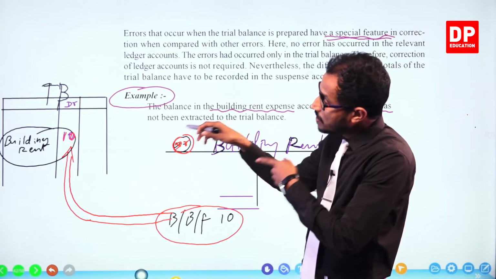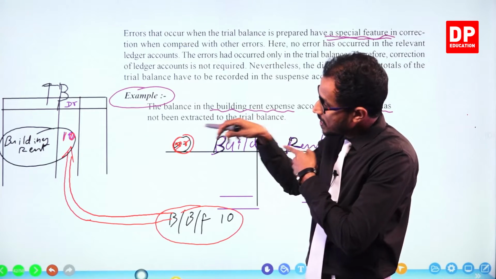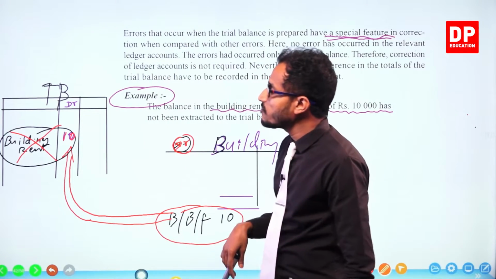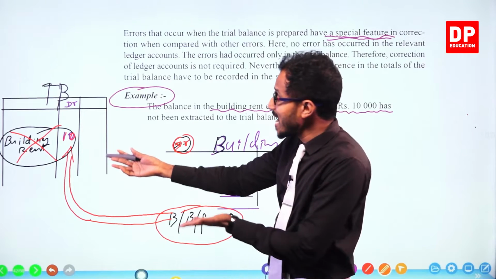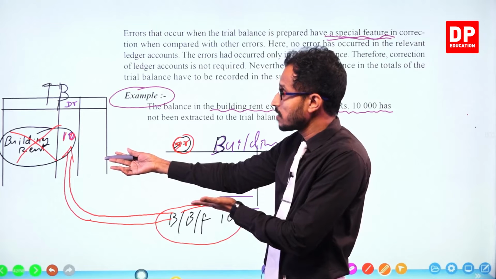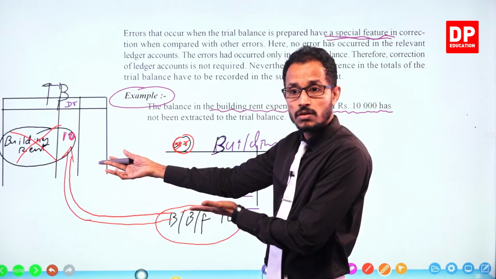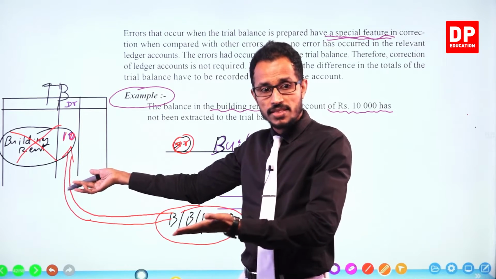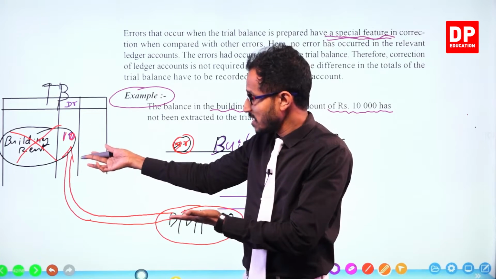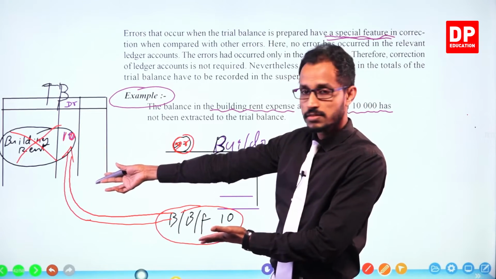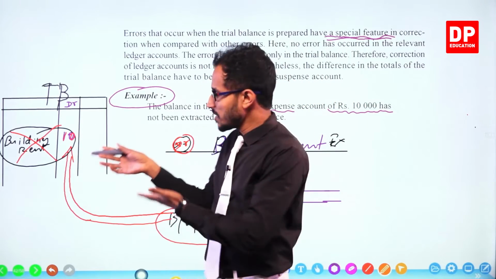Because the building rent account was missing, there must have been a shortage in the debit side. It must have been there.